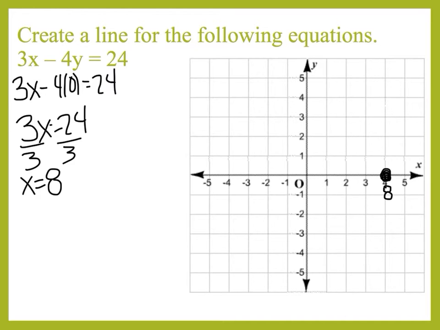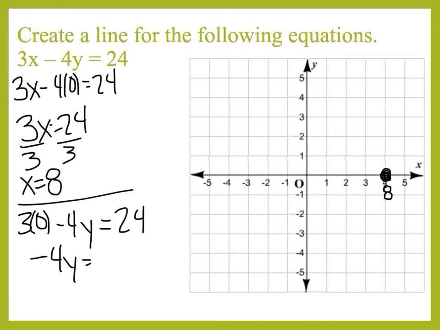Now let's find my y-intercept. That will be 3 times 0 minus 4y equals 24. That's negative 4y equals 24. Divide by negative 4, and y equals negative 6. So on my y-axis, negative, remember I'm counting by 2, so 2, 4, 6.